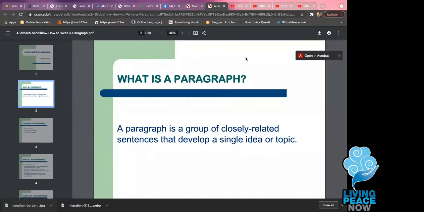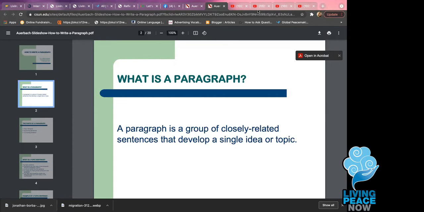Yes. The definition of a paragraph is a group of sentences related to each other with some kind of coherence. The first sentence is called a topic sentence. It tells us what the paragraph is going to talk about. Then the next sentences are called the body sentences.